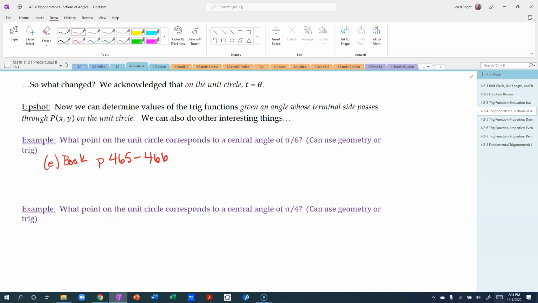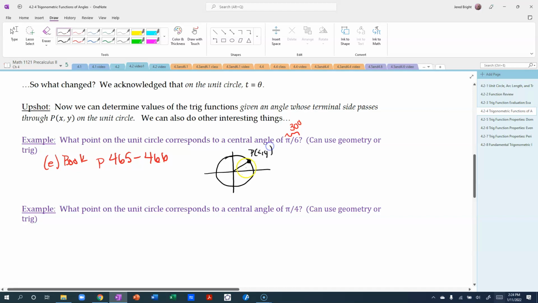We can talk about it in different ways, but this pi over 6 radians is 30 degrees. So if you think about it, here's our unit circle, and we're interested in this point x, y, okay? And we know that this angle down here is 30 degrees, right? What are the x and y coordinates corresponding to that? These pages go through and develop that nicely.